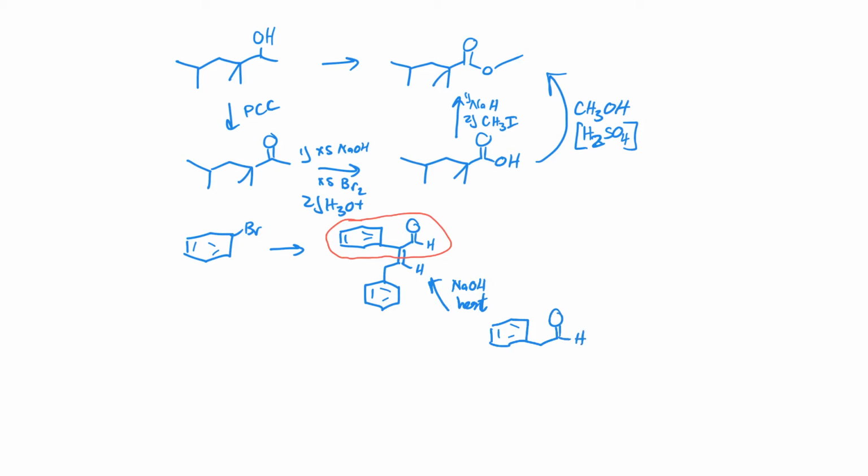And if you look at the bottom part that I'll circle in green, that's actually the same aldehyde, except it's acted as the electrophile in this case. So I can just take this aldehyde and basically self-condense it to make this alpha-beta unsaturated aldehyde. So this is an aldol condensation.